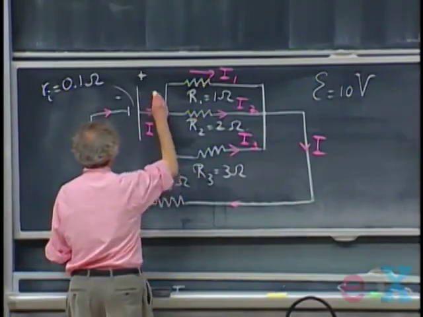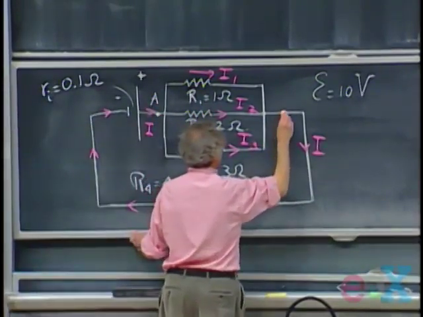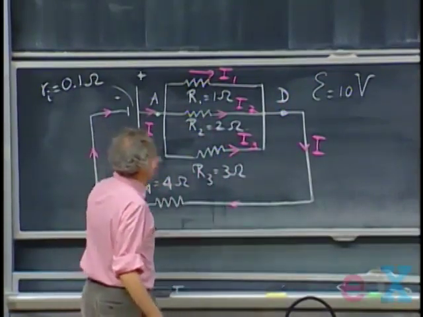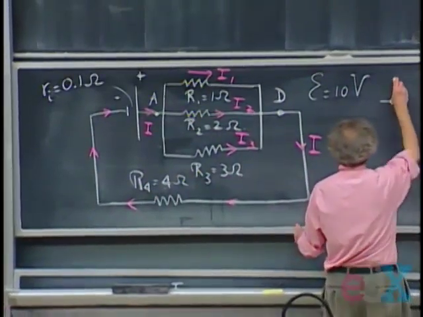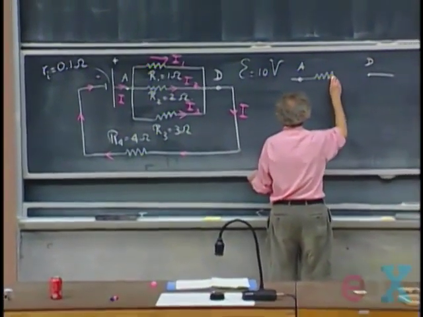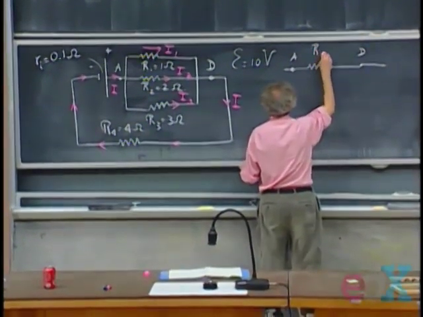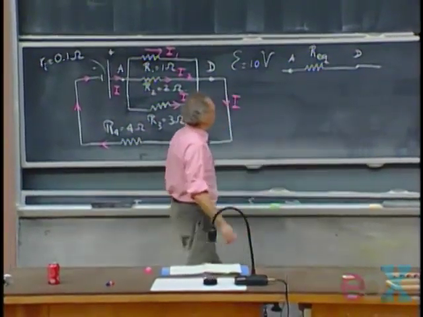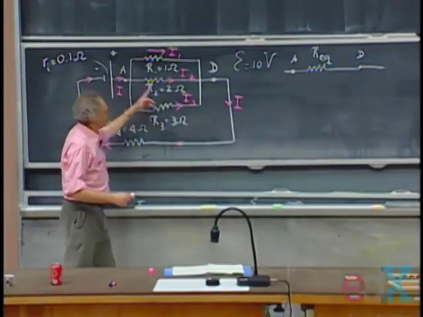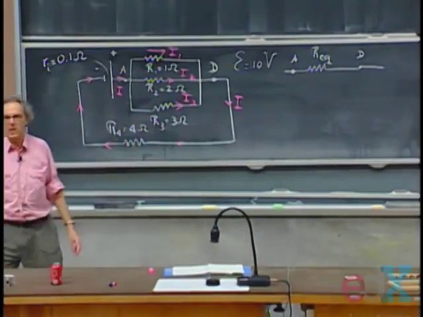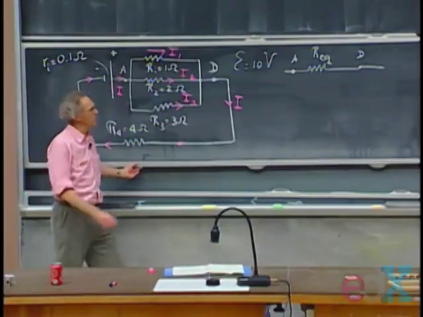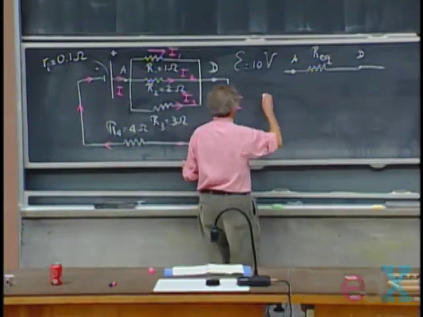If I call this point A, and I call this point D, then I would ask myself the question, what resistor, which your book calls the equivalent resistance, would I have to put here instead of these three for the current I to be exactly the same as what it is now? So I'm going to replace these three by one resistor, which is this imaginary resistor.